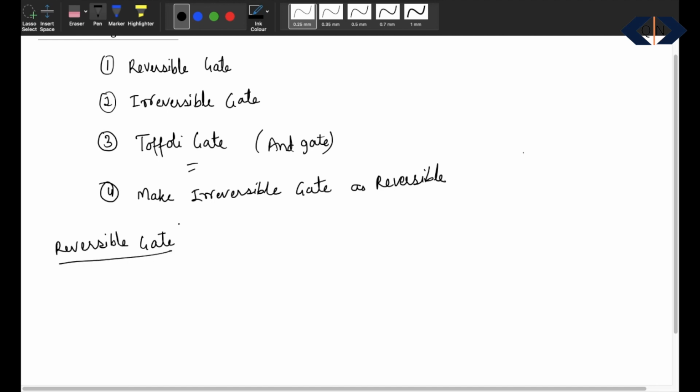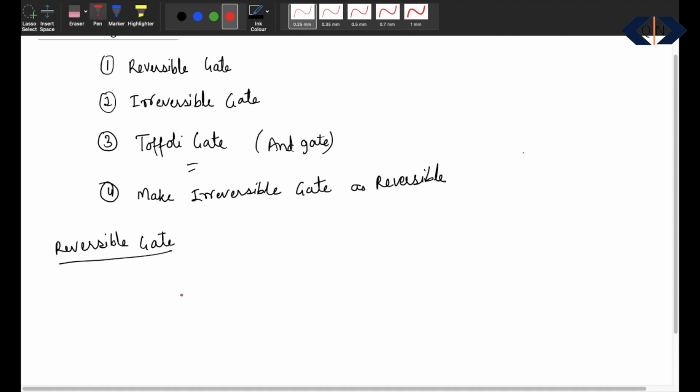So what is a reversible logic gate? Basically, a reversible logic gate is a gate where for a given output we can always determine what its input was.